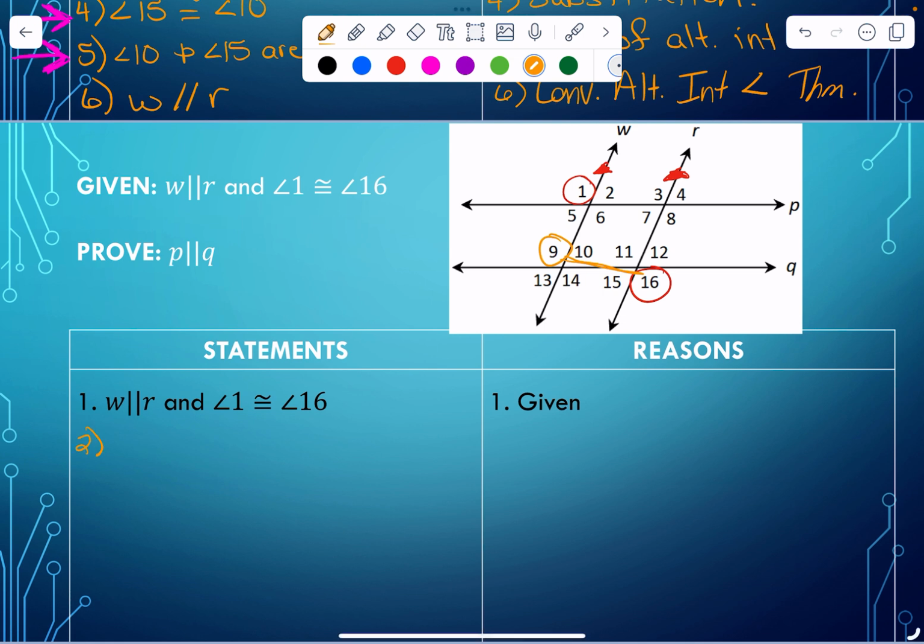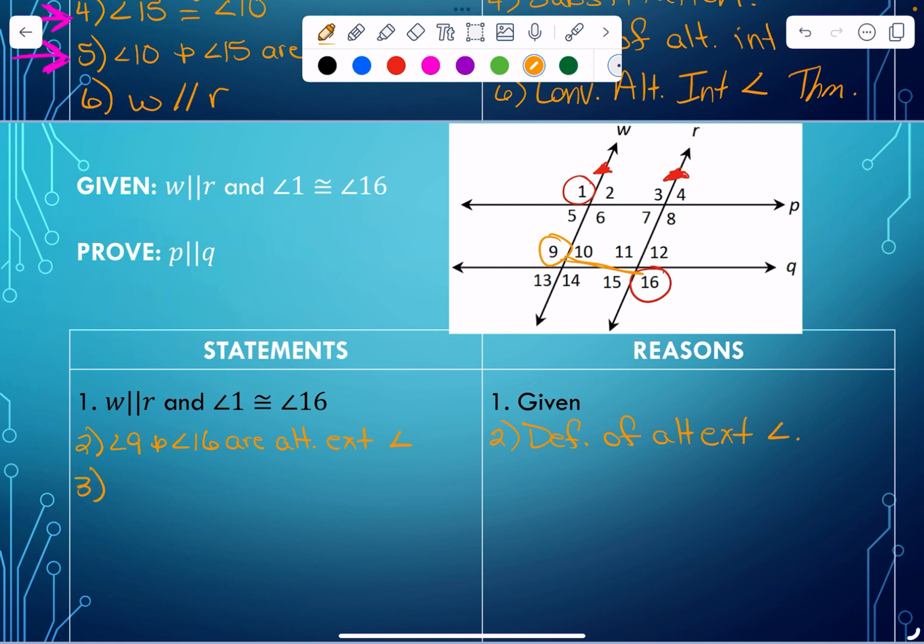So step 2, I'm going to define them. So 9 and 16 are alternate exterior angles. Why? Definition of alternate exterior angles.